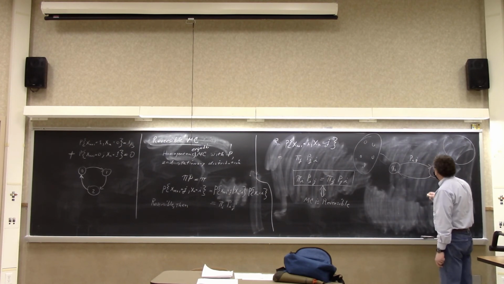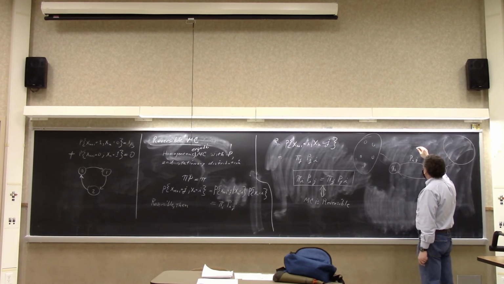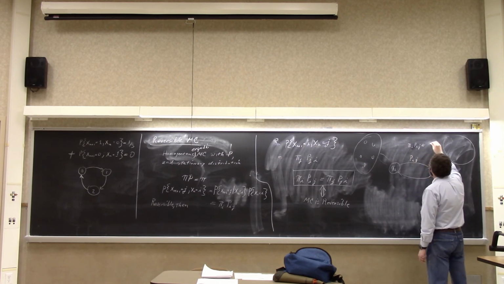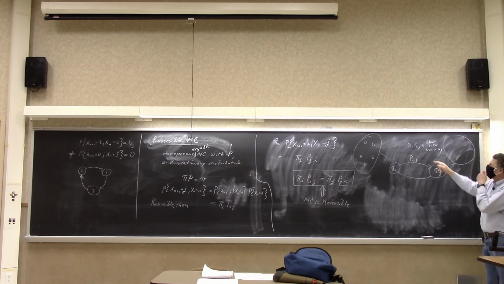It was really great. Okay, so pi I times Pij, this is the flow rate from I to j. It's the rate of flow from I to j.